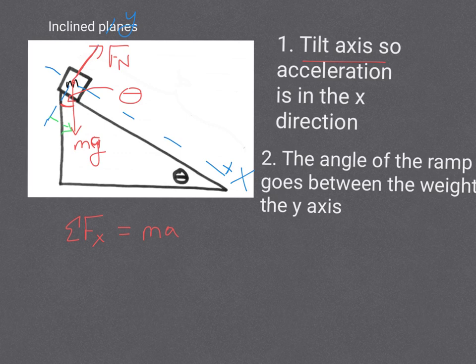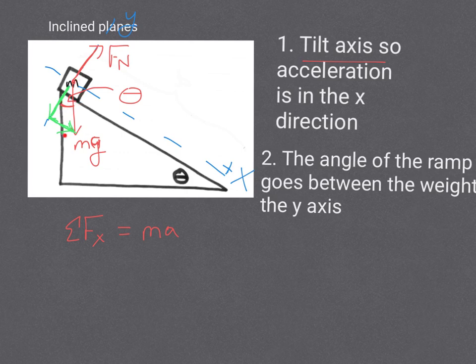Right, the two components that we have are the downward y right here, and then we have the horizontal component there. So this is the one that is going to accelerate the block down the ramp. Now, how do we find that? Notice that this is our angle right here.